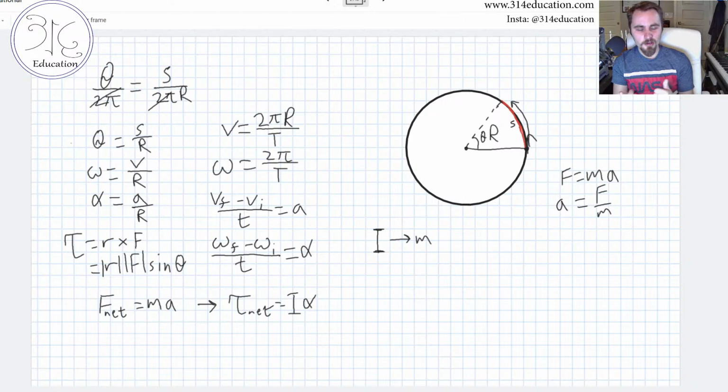And so the moment of inertia is an object's inertia in a way, its resistance to motion, but now this is an object's resistance to a change in its rotation. So it's not only the mass, but we multiply it by the radius squared.